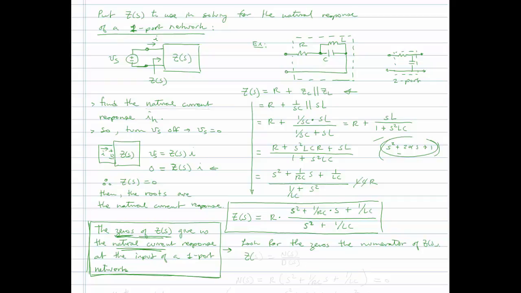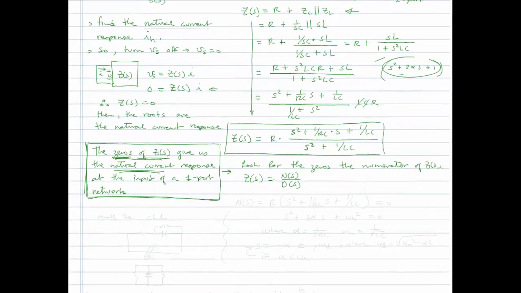If Z of S is equal to some numerator, I'll say N of S, divided by some denominator, D of S, right? Then to find the zeros of Z of S, I just need to find the zeros of the numerator. So in the above example, we have N of S is what? Equal to, well, I've got an R, but that's going to prove to be immaterial here. S squared plus 1 over RC S plus 1 over LC. This must be equal to 0.